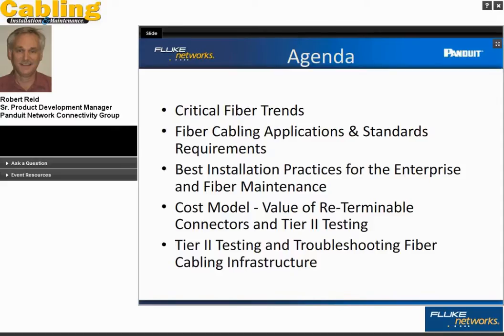We're going to go through some of the cabling applications and standards for what Panduit calls high-speed data transport. We'll go through some of the installation practices, specifically with respect to Tier 1 testing and some of the uncertainties that arise from that.